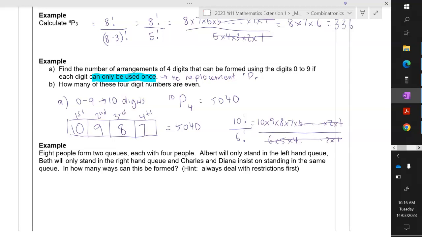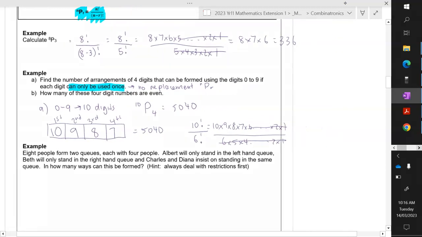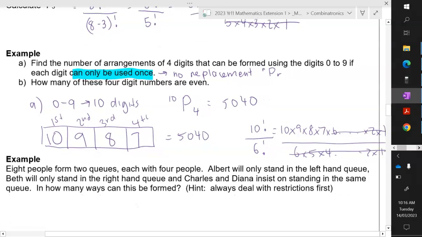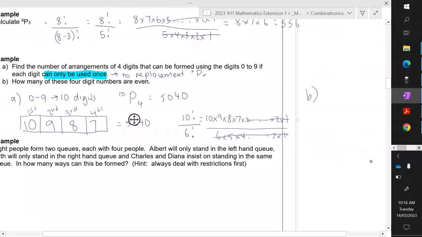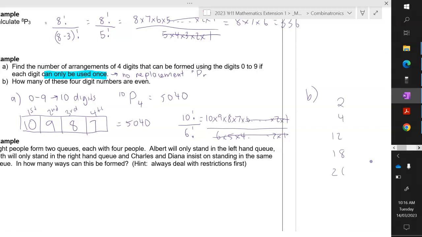Okay, that's a long definition for part A, but let's have a look at part B. Part B says, how many of these 4-digit numbers are even? Now this is where we again have to think about what that actually means. What constitutes an even number? So let's write some even numbers down. We've got 2, 4, 12, 18, 26.